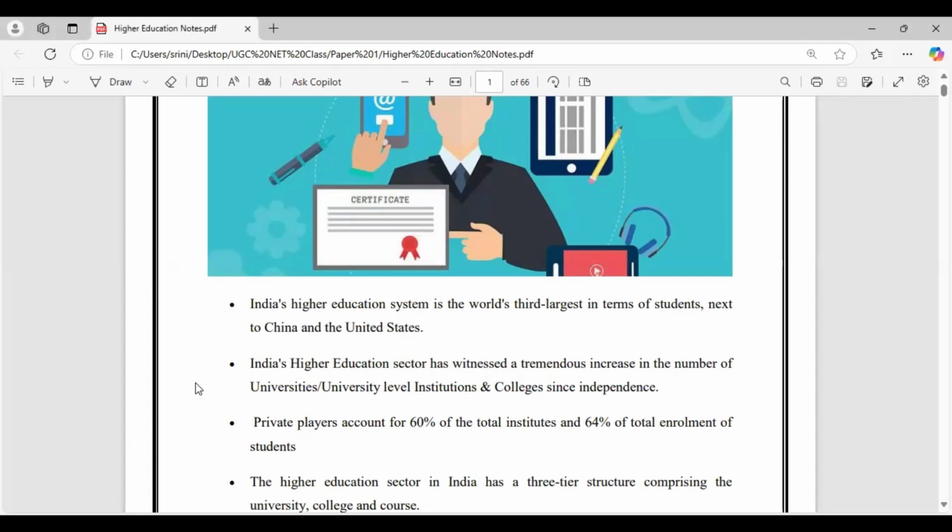Regulatory bodies, like initiations by government, and the ancient education system.